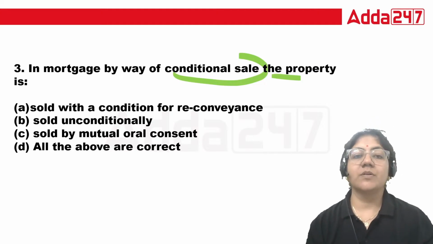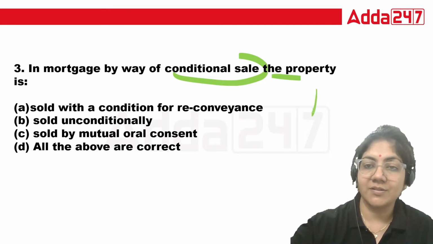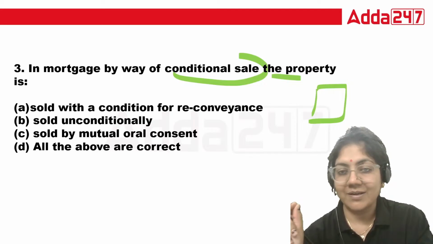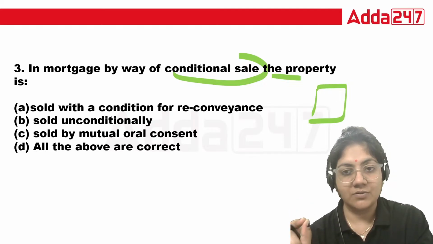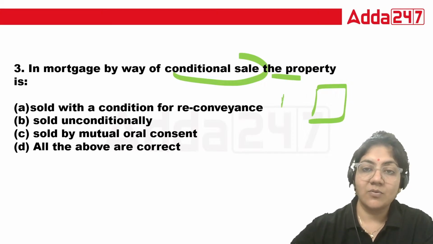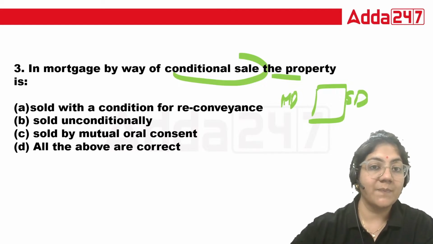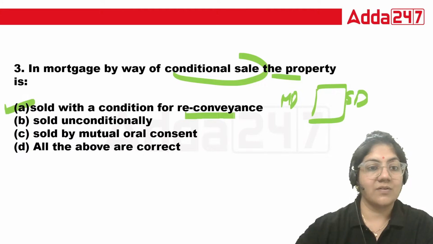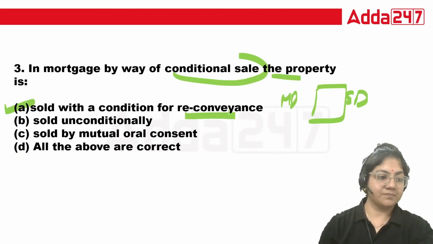So, class, the mortgage by conditional sale is one in which the condition is that the mortgage deed will be converted into the sale deed if the mortgagor is not able to pay the money. So in conditional sale, the property is sold with a condition of reconveyance. This is the right answer.